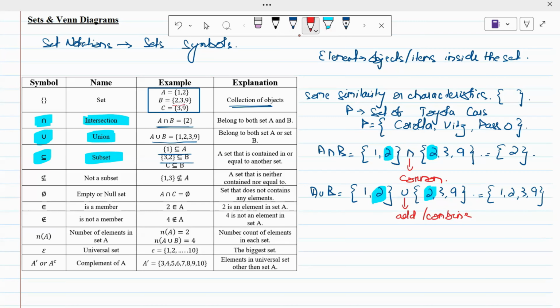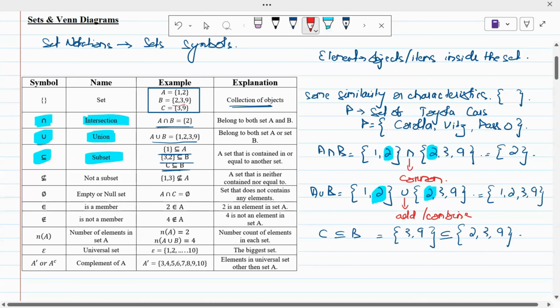Next example, C is a subset of B. You can clearly see C has the elements 3, 9, and B has the elements 2, 3, 9.